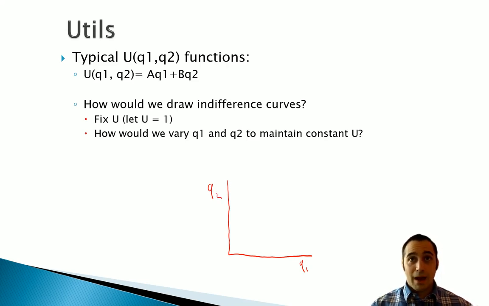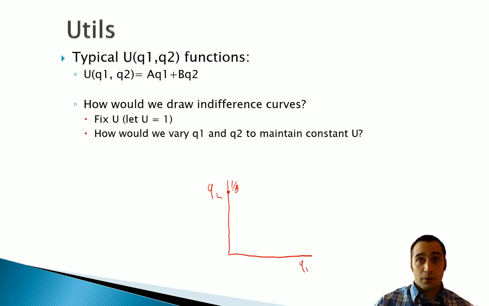So if I were to try to draw this, I'd first say let's zero out one of the units. So if I have one util and I have 0 q1, it seems like q2 must be 1 over b. 1 over b, if I have 1 q2, that will give me b times q2 plus 0, i.e. 1 utility.